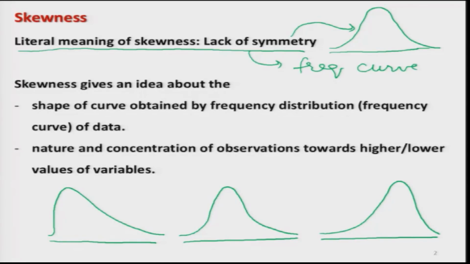Now, what is the interpretation of these curves? Suppose I try to take an example where we are counting the number of persons passing through a place where many offices are located. So we know what the phenomenon is.